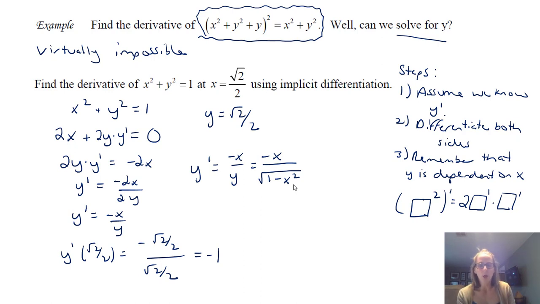That is what y is. When you solve the unit circle for y at that value, you get the square root of 1 minus x squared. But again, we can do these both ways because neither one is particularly challenging. X squared plus y squared equals 1 can be solved for y. Some of them can't. But we get the same thing. We find, in fact, this negative 1 that we got the last time as well.